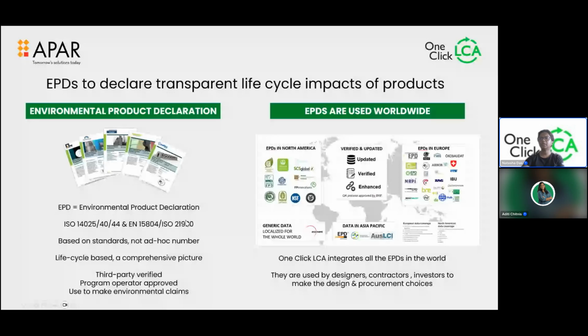And for EN 15804 plus A2, there has been an update where you have to declare what is happening to your product at its end of life. So you have A1 to A3, the manufacturing process, and end of life. This is mainly a reason for manufacturers to understand, because it also talks about extended producer responsibility. You have to understand how your product is going to degrade.